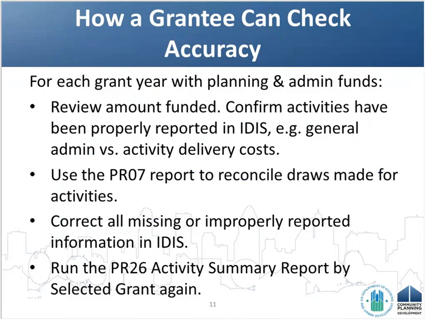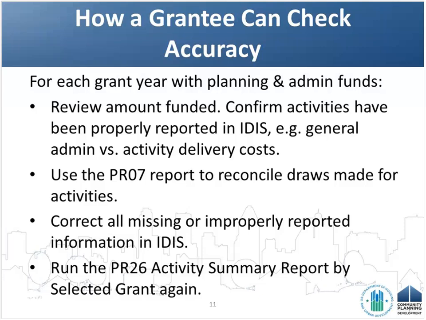What we recommend is to review the amount funded and confirm activities have been properly reported in IDIS, and check whether you classified general admin cost and activity delivery cost correctly. Activity delivery cost can be included in the regular activity as part of the activity cost, instead of being classified as general admin cost and counting toward your general admin cap.